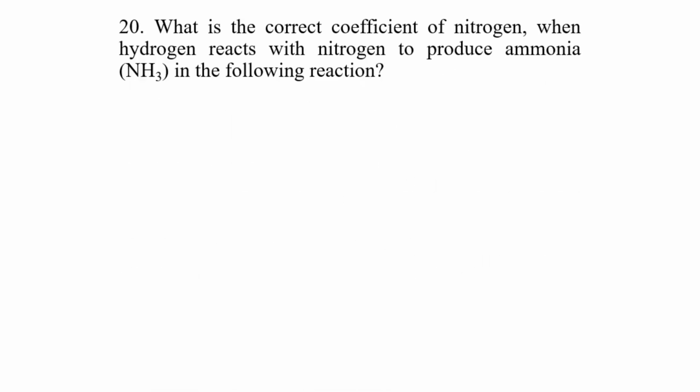Question number 20. What is the correct coefficient of nitrogen when hydrogen reacts with nitrogen to produce ammonia in the following reaction? A. 1, B. 2, C. 3, D. 4.